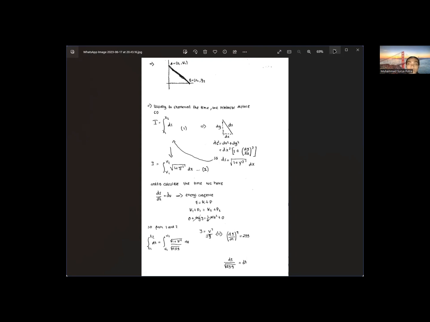So the gravity, I would say is 9.8 meter per second squared, times the integral, and then display the value.